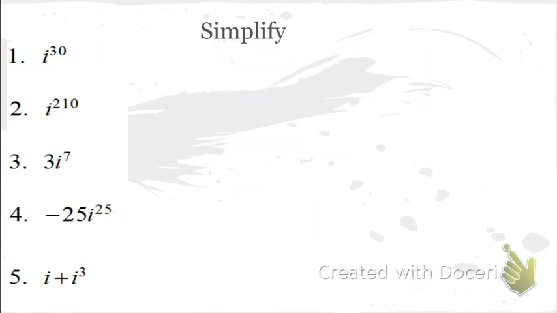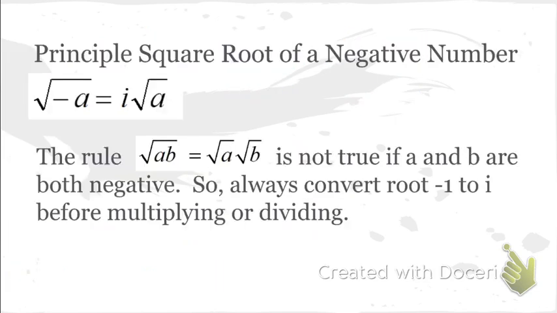Alright. One important thing when dealing with square roots, and specifically square roots of negative numbers, is to always put it in terms of i first before doing other operations. Because the rule that allows us to simplify square roots, the square root of a times b equals the square root of a times the square root of b, is not true if a and b are both negative.